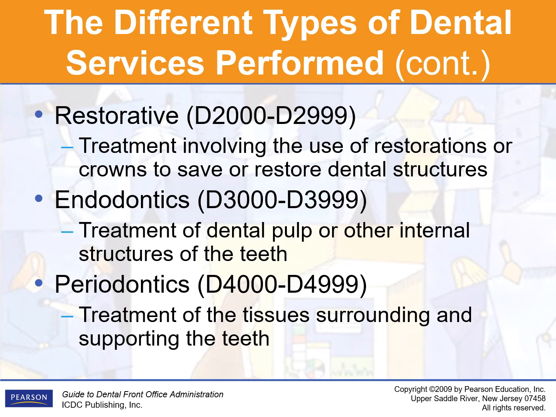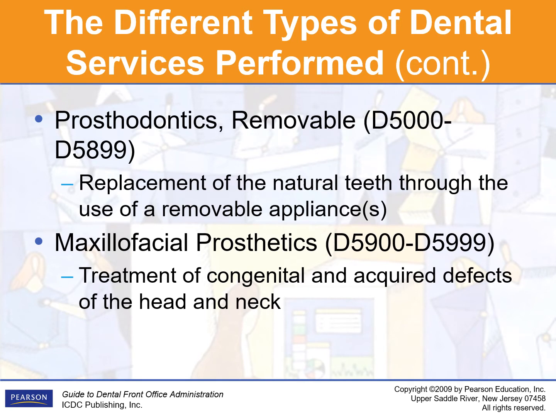So we're going to move on to the next slide and make sure you highlight the different services. Okay, here on this slide, it talks about any of your removable appliances, any of your prosthodontic appliances. You would use these codes, and it symbolizes any replacements of the natural teeth with a removable appliance.